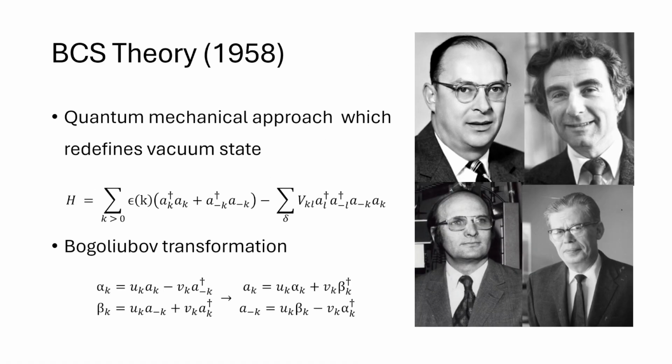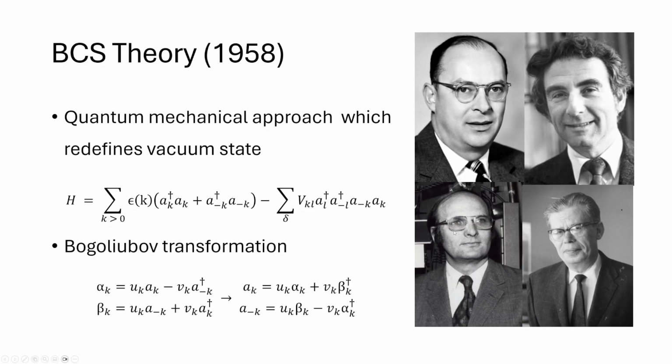So a couple years later, BCS theory, or Bardeen-Cooper-Schrieffer. I think it's Schrieffer. Anyway, they won the Nobel Prize for this. Oh, there's an extra space here. I never noticed. Anyway, so these three guys came up with a quantum mechanical approach to redefine the vacuum state.